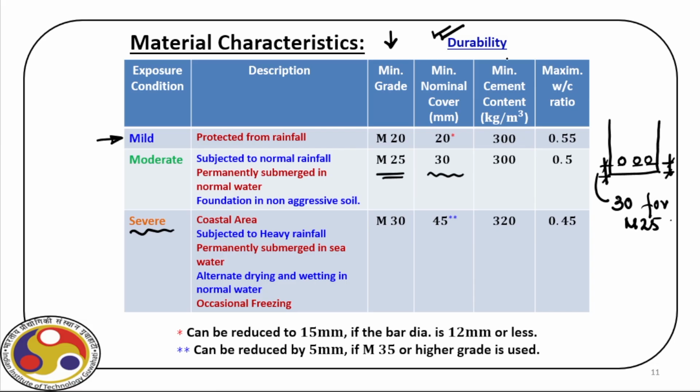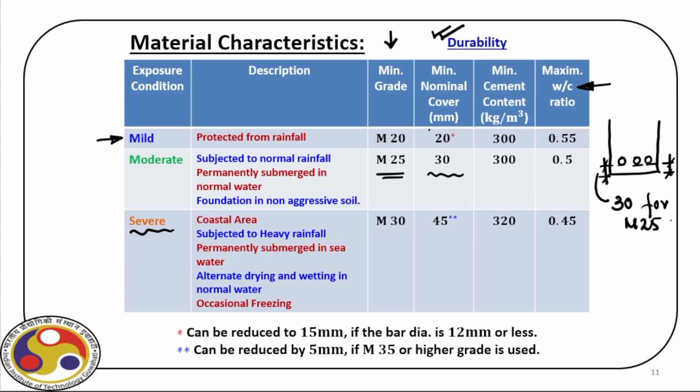Likewise, there is a recommendation for minimum cement content and water cement ratio. This also we discussed, that the water cement ratio when you prepare concrete is extremely important because that dictates the amount of workability we will have for that particular mix. So we have these guidelines and we have to follow those guidelines as we use different grades of concretes in our design. Now, all these recommendations come with some rider.